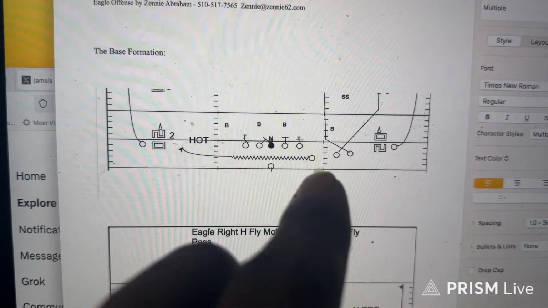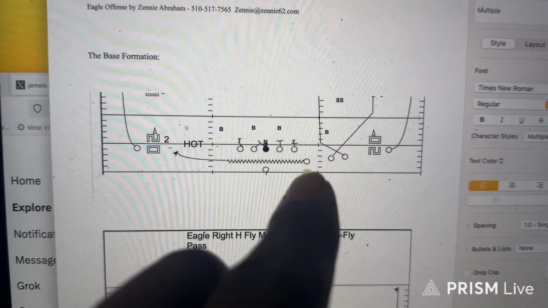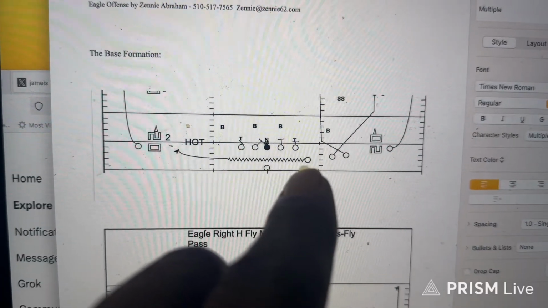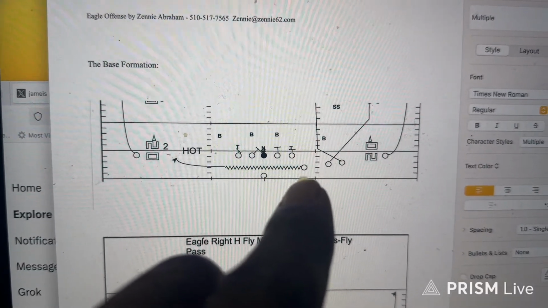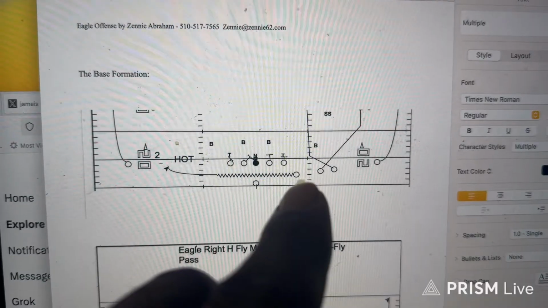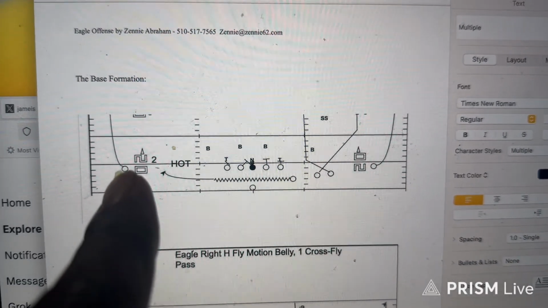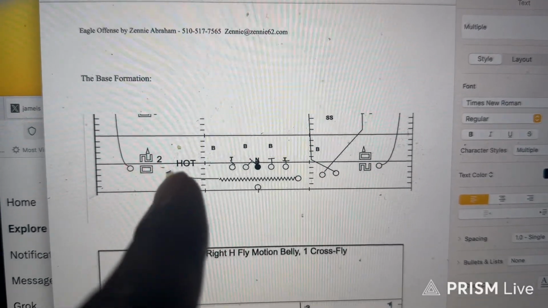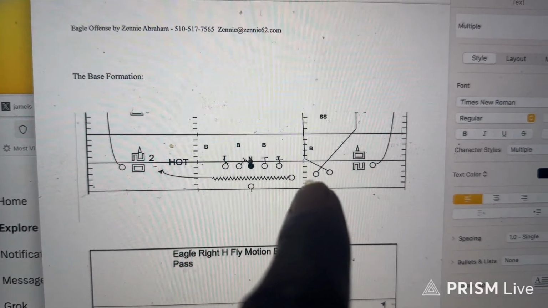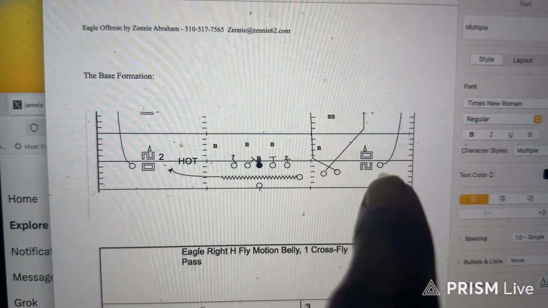and H here. Now, you can play around with who you want to be in the play. This could be, for example, a tight end here, which is what I favor. Then the halfback, fullback, flanker, and split end.